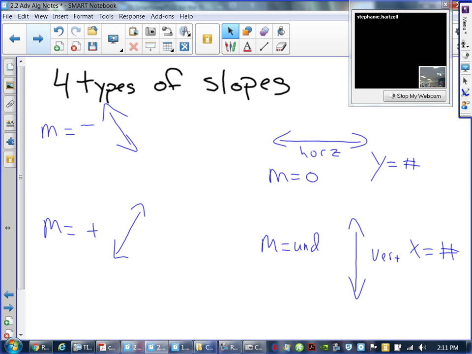What do we know about parallel lines in regard to their slopes? They're always the same. What do you know about perpendicular lines? Opposite reciprocals, slopes. Now, when you look at your paper, the blue lines are all horizontal, aren't they?